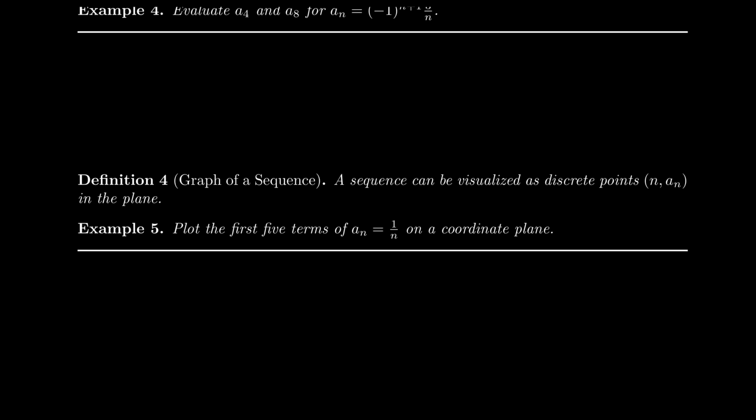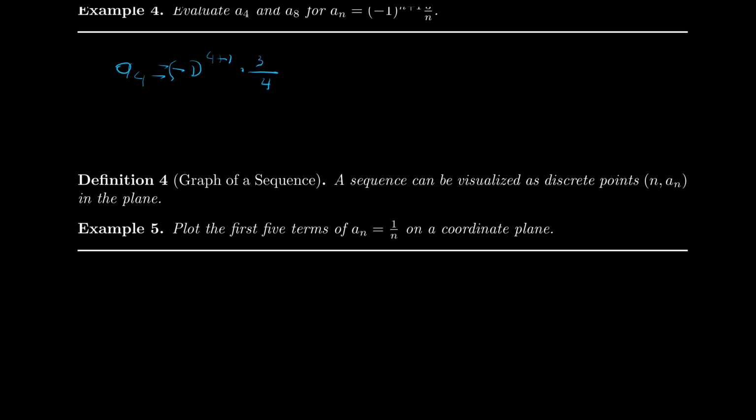So let's find a sub 4 and a sub 8 for these. We're going to plug in n equals 4. So a sub 4, the fourth term, or the fifth term if you start with 0, is going to be negative 1 to the 4 plus 1 times 3 over 4.